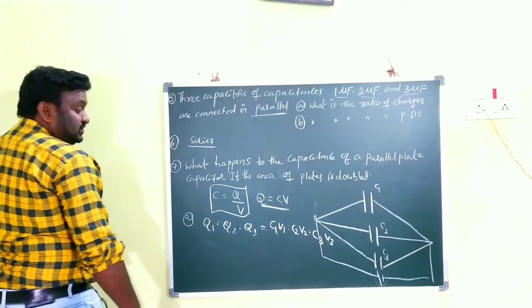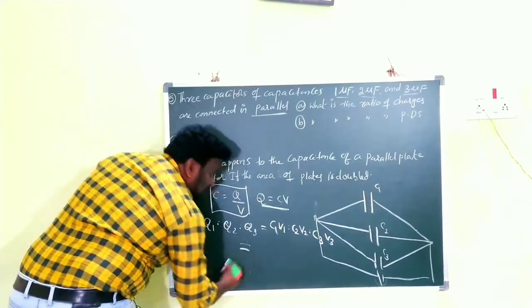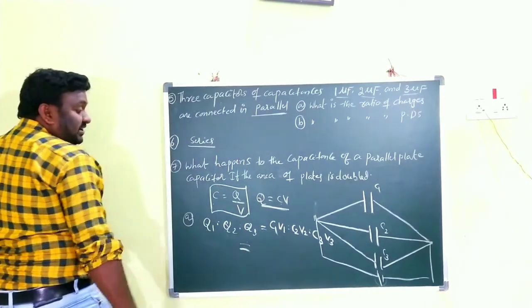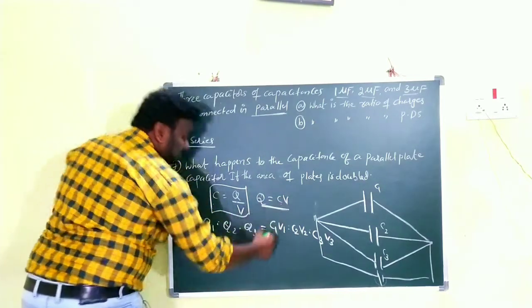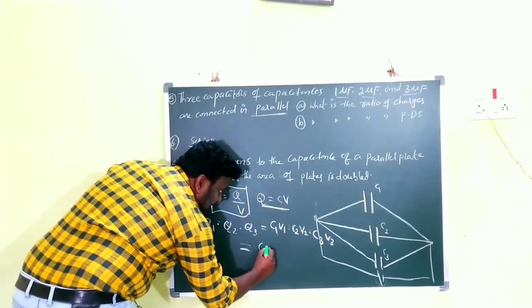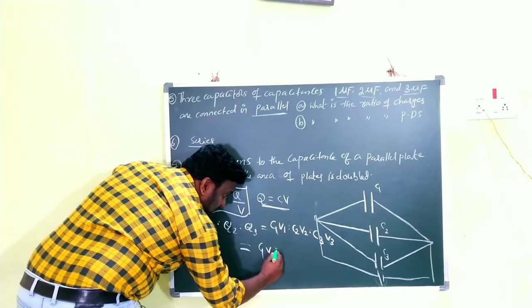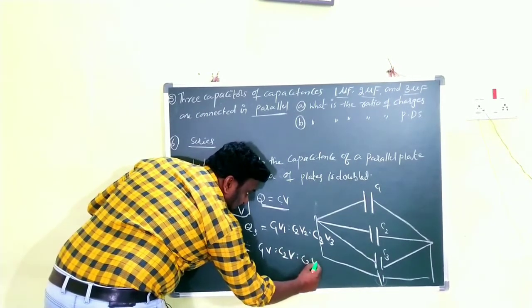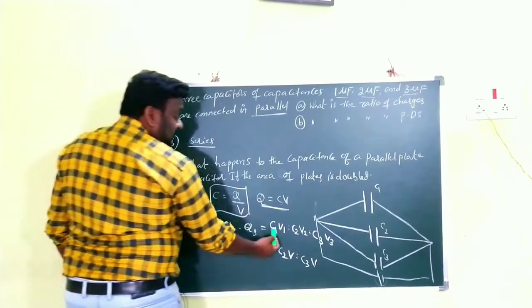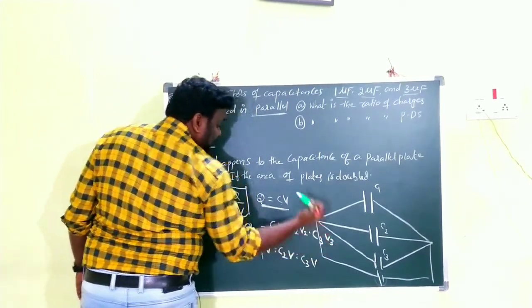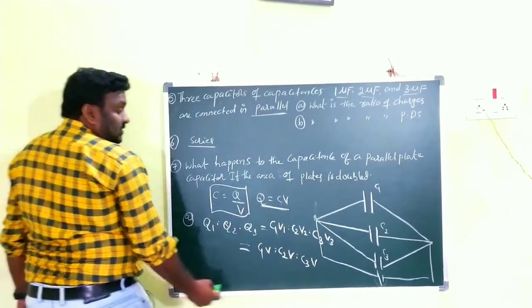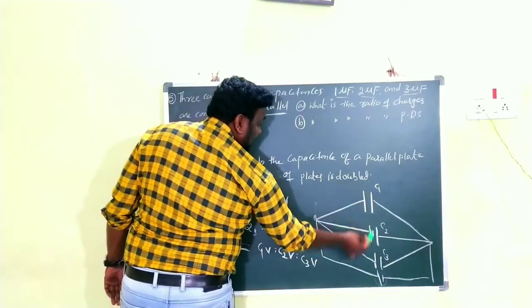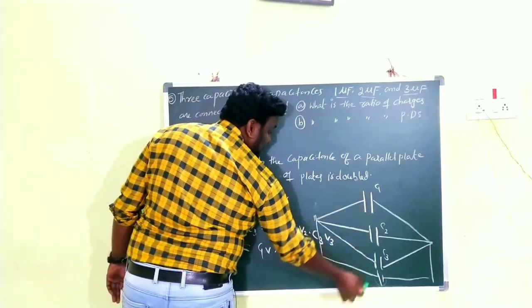Clear? So children, what I told you, in parallel combination the potential is the same. That's why C1 V is to C2 V is to C3 V, because V1 is equal to V2 is equal to V3 is equal to V. In parallel combination, the potential across every capacitor should be the same.